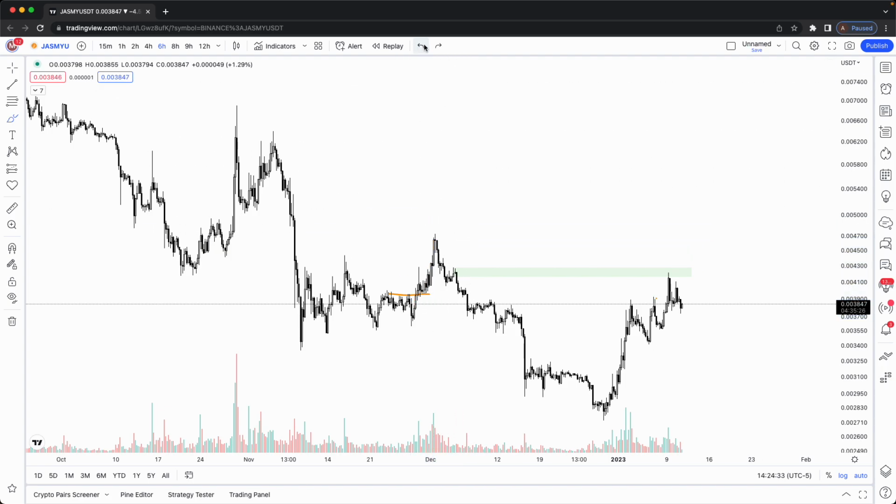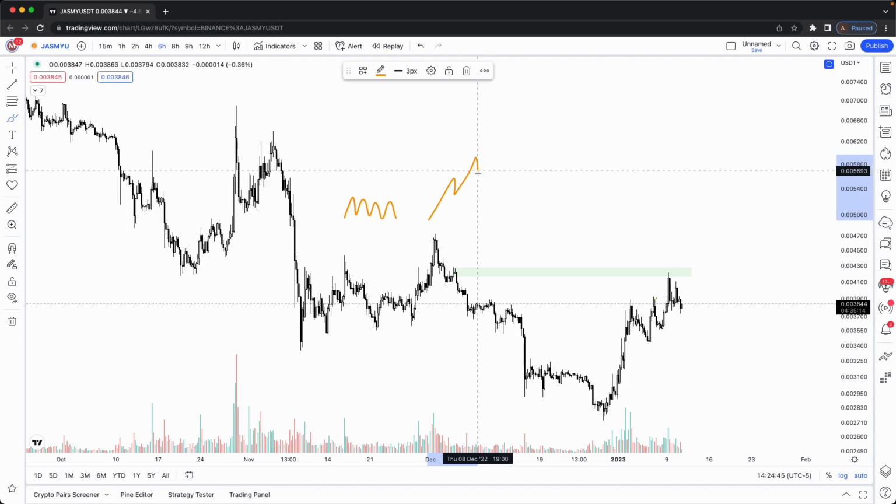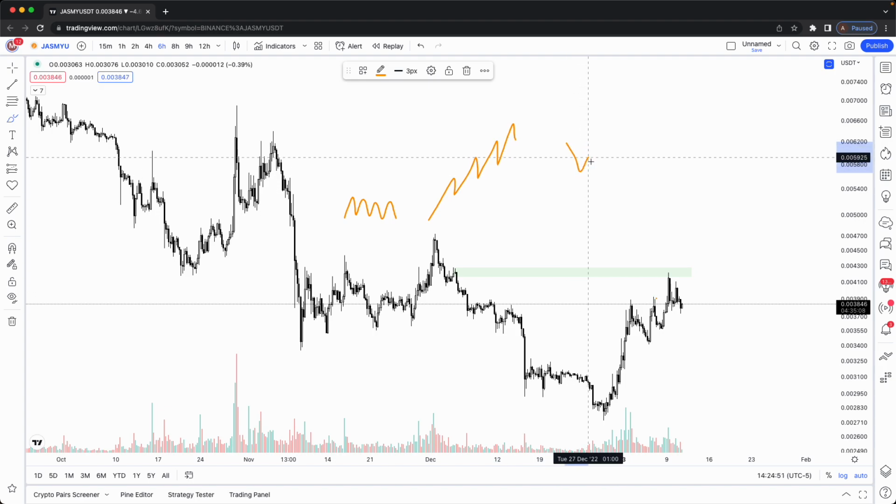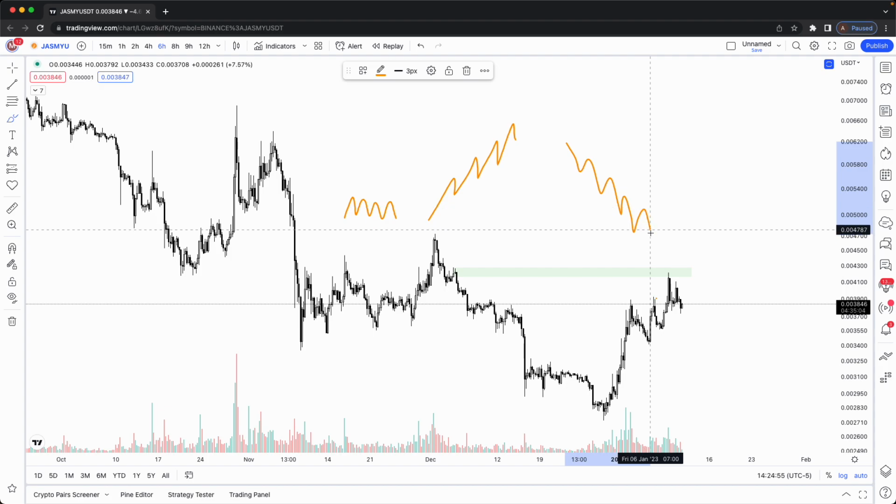Now, we know that the market either goes in a ranging environment like this, or it could be a trending market making higher highs, or again a trending market making lower lows, which is a downward trending market.